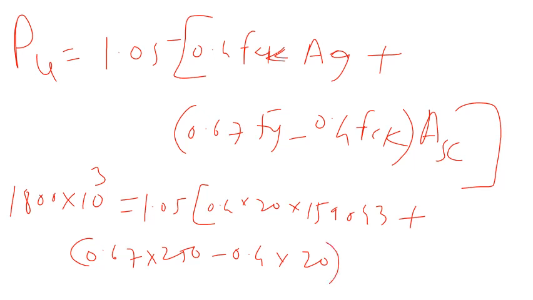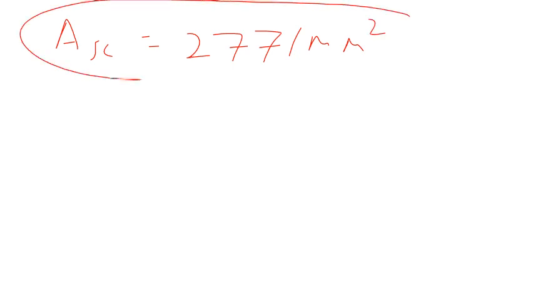This small bracket complete, and it is multiplied by Asc. We have to find out the Asc, and this big bracket is also complete. So from this, Asc, the area of main steel or longitudinal reinforcement, will be equal to 2771 millimeter square.